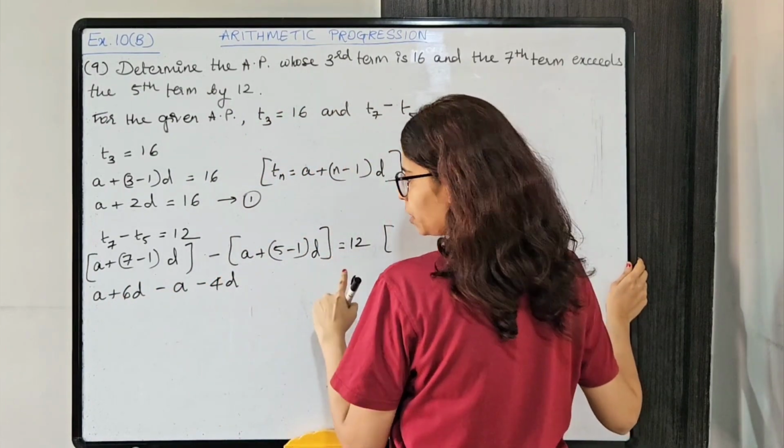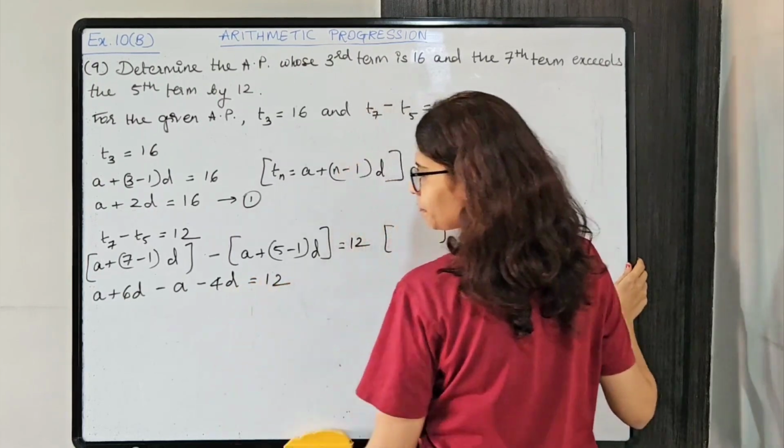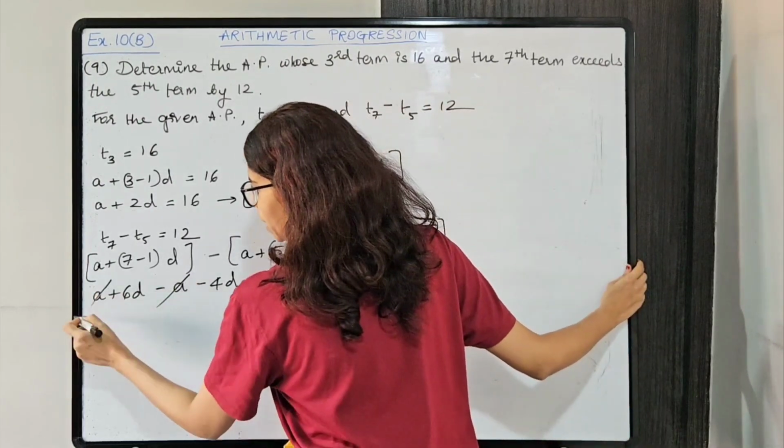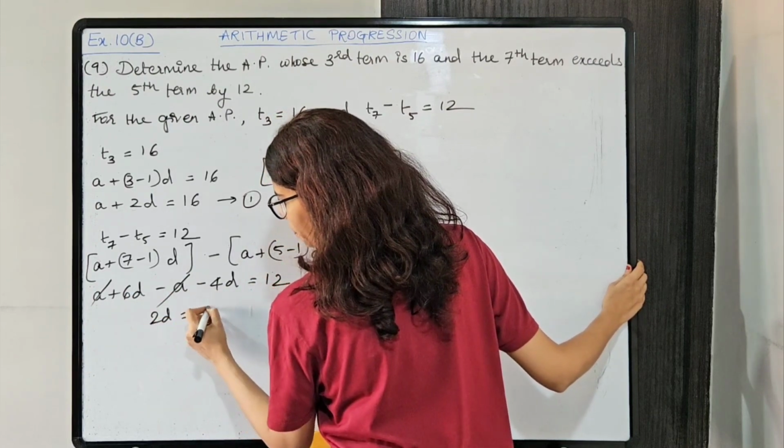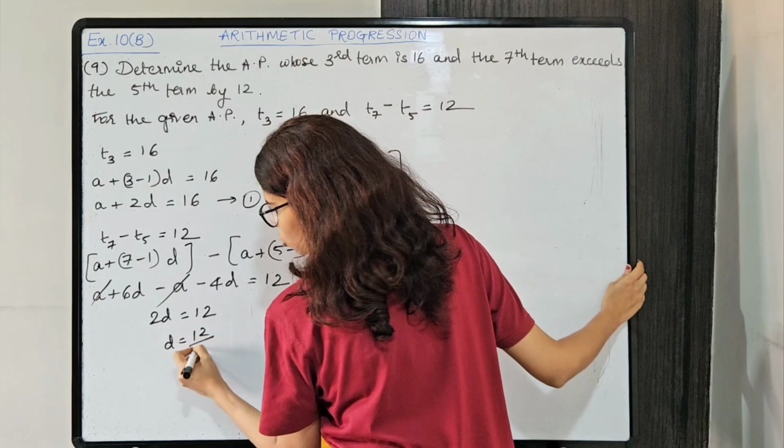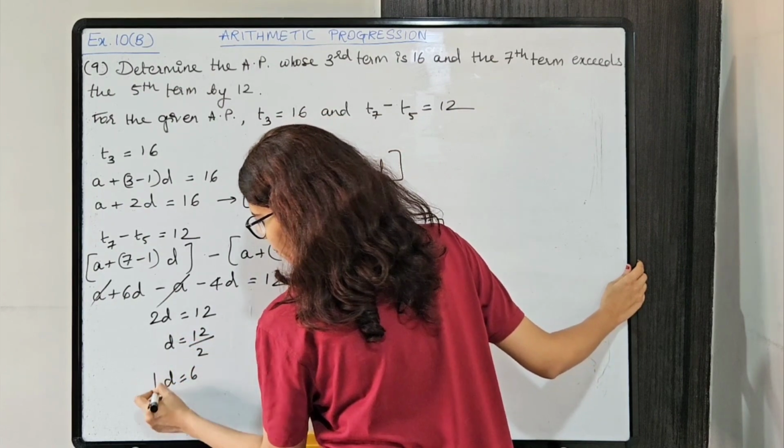Opening the brackets. I skipped the step. A minus A cancels. 6D minus 4D will give 2D. So D is 12 by 2, that is 6.